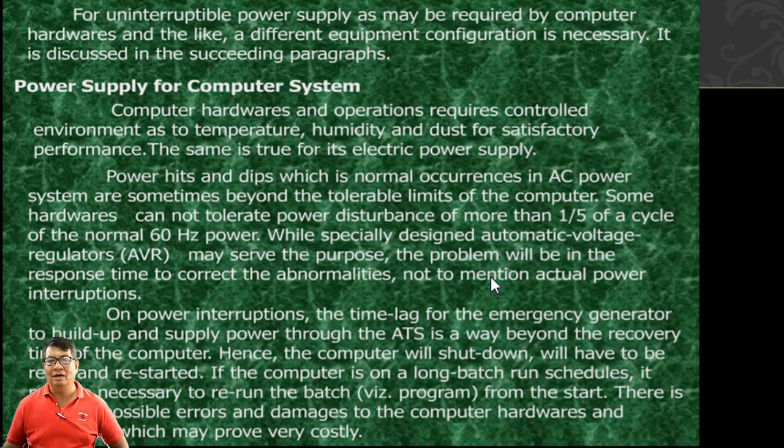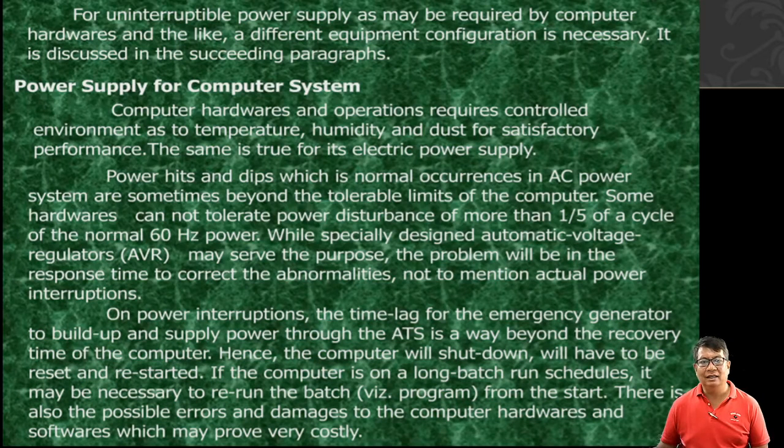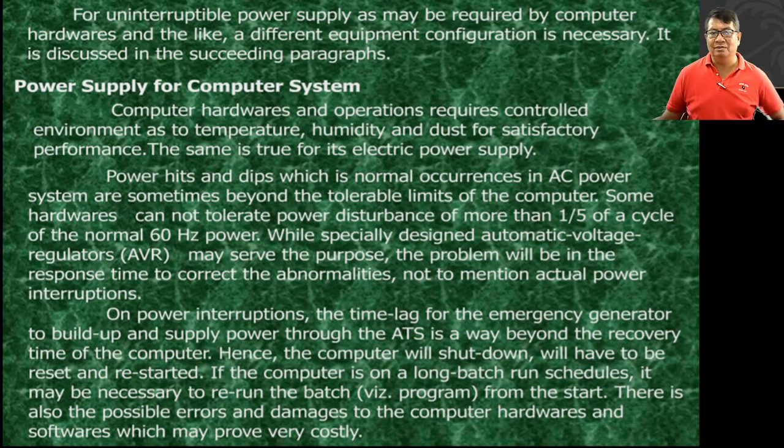So, we need to have this UPS or uninterruptible power supply for computers and any other, for example in hospitals where doctors may be operating, the patient might be harmed, so we need emergency power in the laboratory rooms, no?